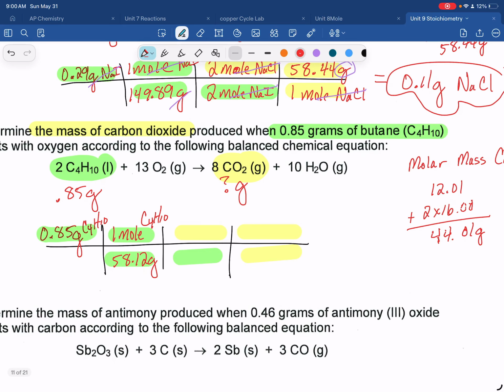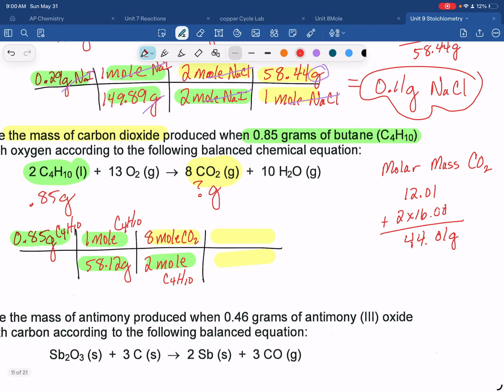Next is our mole ratio. So for every 8 moles of CO2 that are produced, I need to react 2 moles of C4H10. Last step, molar mass of carbon dioxide. 44.01 grams for every 1 mole of CO2.